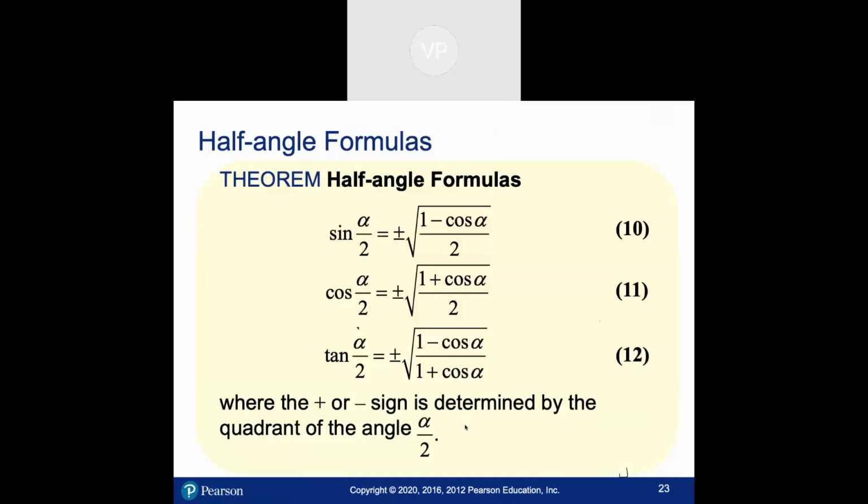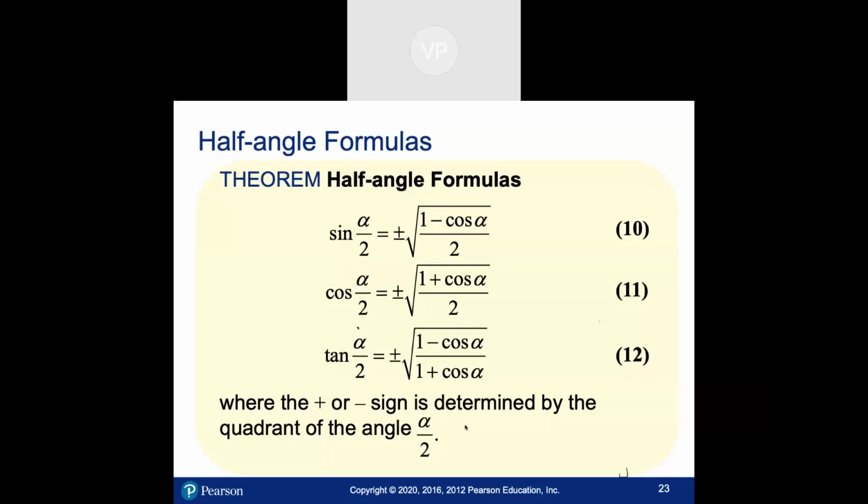So that's how they went to this, where you get sine of alpha over 2 equals plus or minus the square root of 1 minus cosine alpha over 2. Like the name says, they're half-angle formulas. We had double-angle formulas earlier. It's the same thing. If you get an angle that's half of something, you can rewrite it with the thing that's on the right.